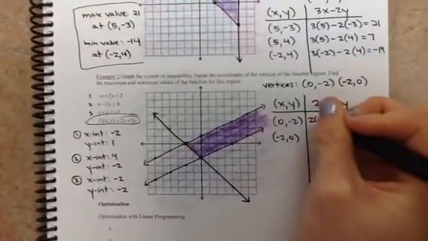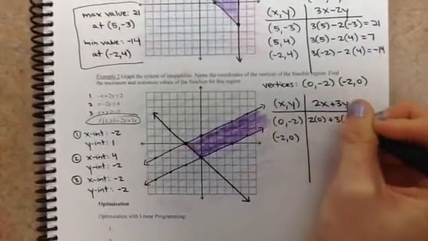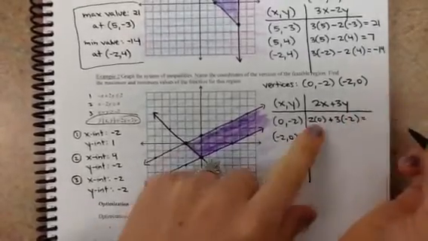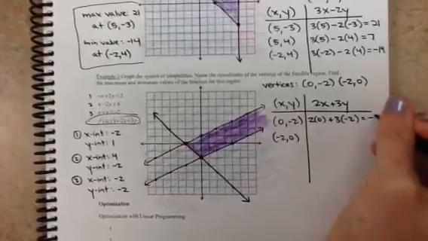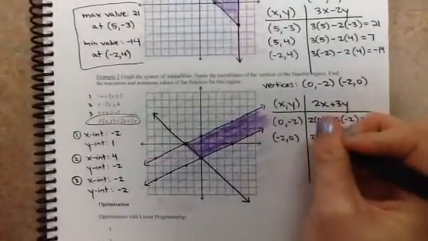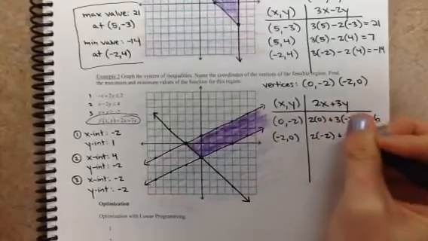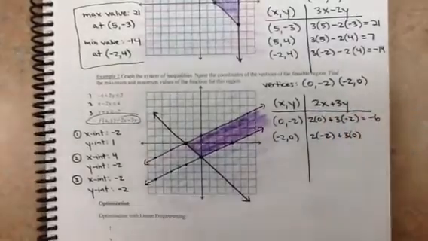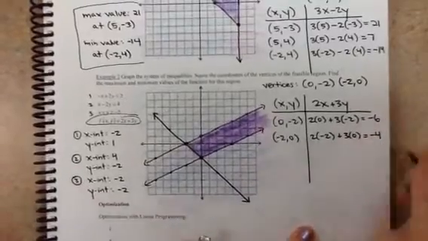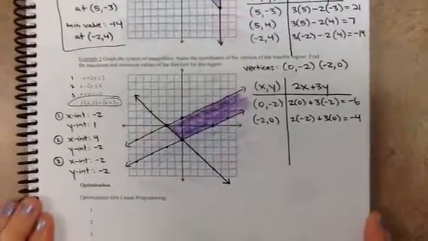So here, plug in 0 for x, plus, and then plug in -2 for y. So this is 0 plus -6, so I end up with -6. And then this one, plug in the -2 plus 3 times 0. So this is -4 plus 0. So that is -4.